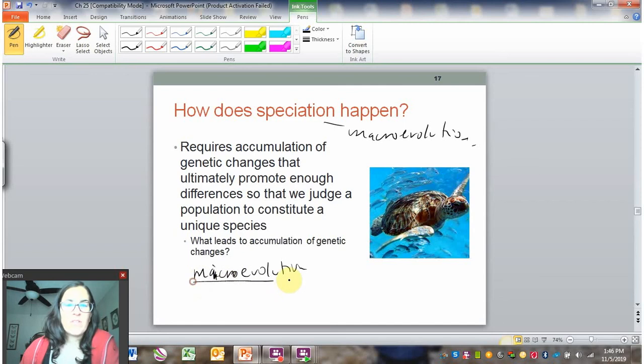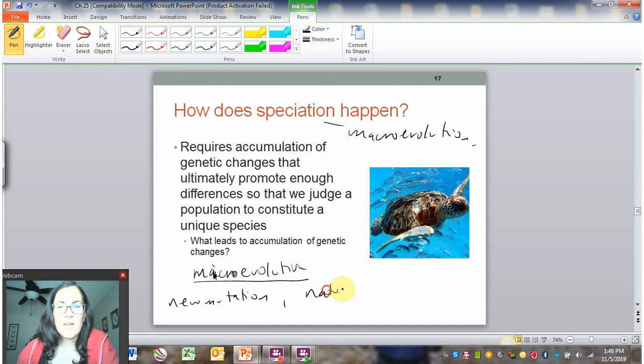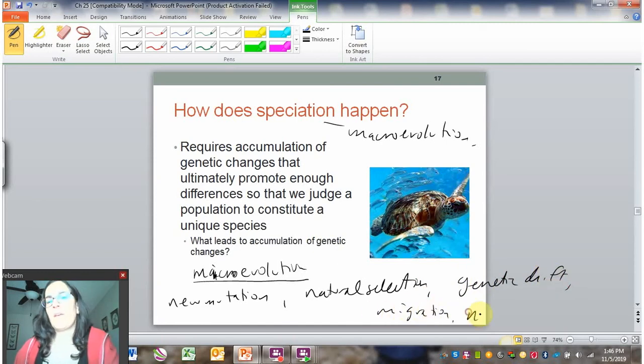Just to remind you, microevolutionary forces include new mutations, natural selection, genetic drift, migration, and non-random mating. So all of these are potential ways that organisms are acquiring these genetic changes that eventually lead to new species.